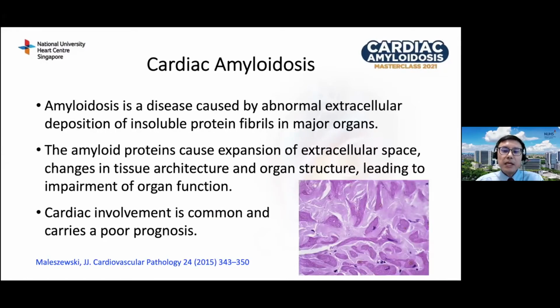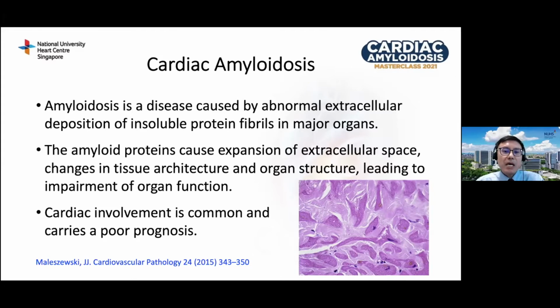I think the previous session has already given us some details about what cardiac amyloidosis is all about. In brief, this is a disease caused by abnormal extracellular, I need to highlight this word, extracellular deposit of insoluble proteins.